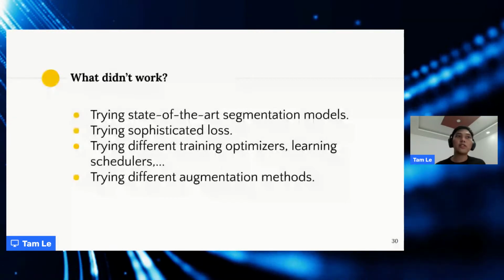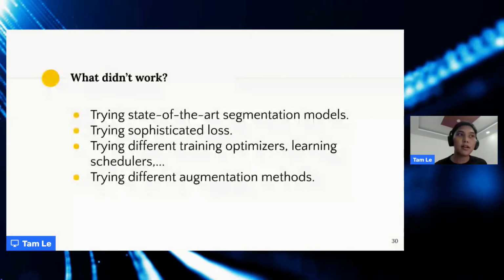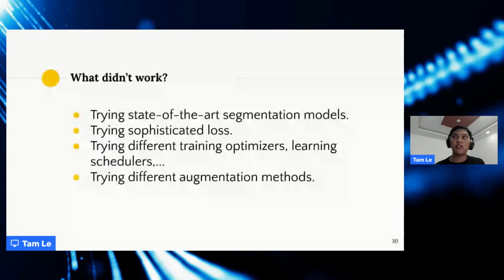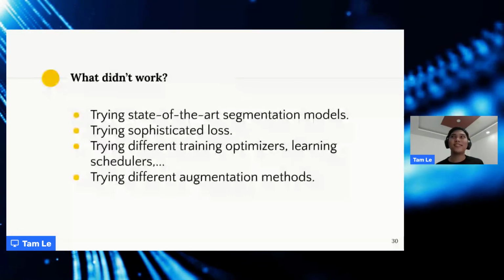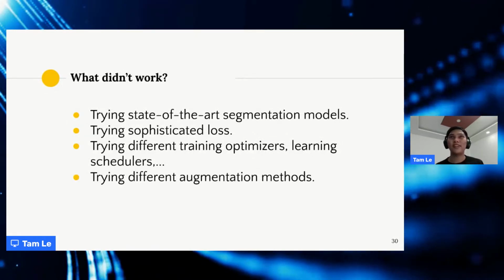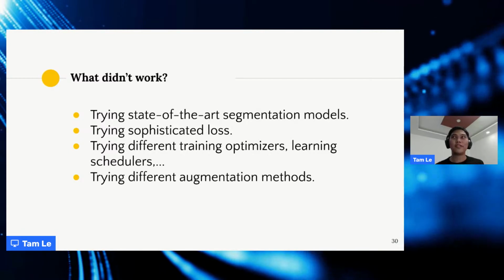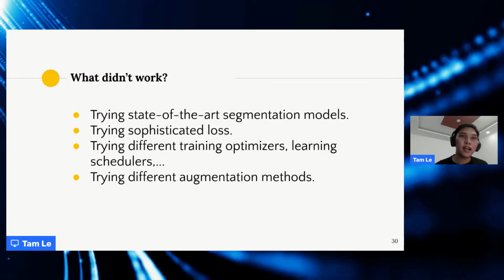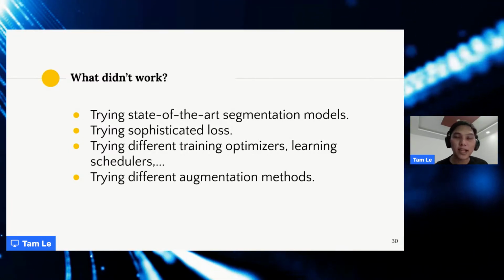And I tried different training optimizers and learning schedulers, but I think the best way is just to use Adam and train with a fixed number of epochs.